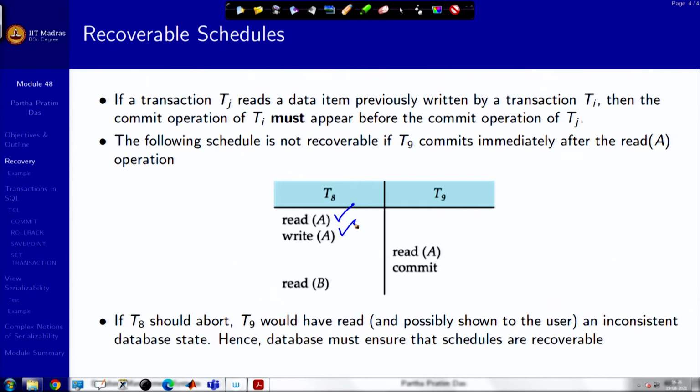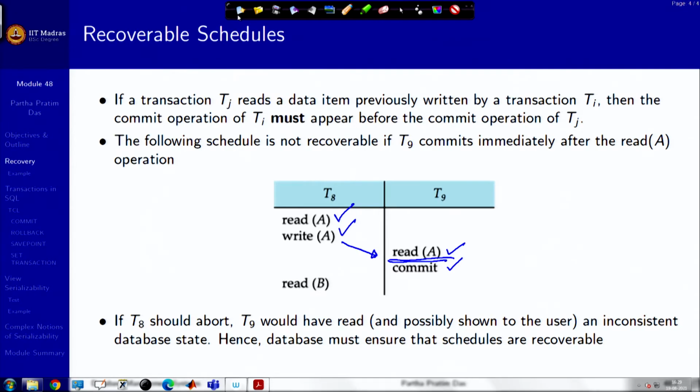It reads A, writes A, and then T9 reads the A written by T8 and does a commit, before the commit in T8, which actually wrote A. Now, if T8 aborts, if T8 fails, T9 possibly will show an inconsistent state to the user, because T9 is using a value of A which may not be correct.